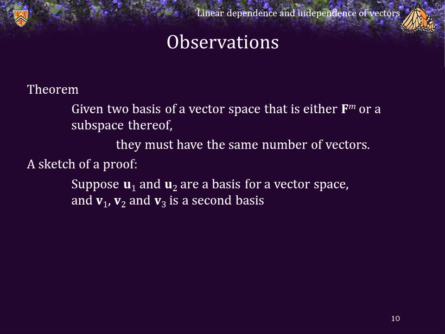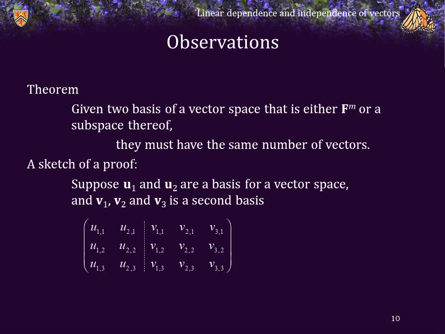Now, what that means is every vector in v1, v2, and v3 can be written as a linear combination of u1 and u2, while simultaneously u1 and u2 must be written as a linear combination of v1, v2, and v3. Well, for argument's sake, we're going to try to find how we can write v1, v2, and v3 as linear combinations of u1 and u2.